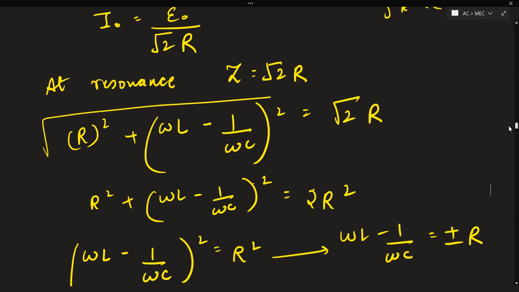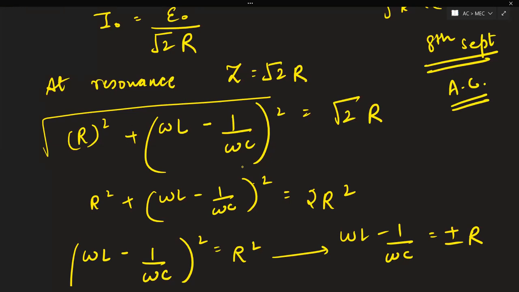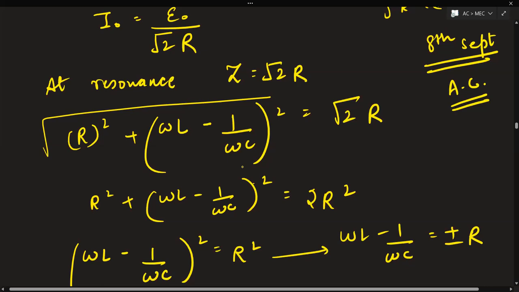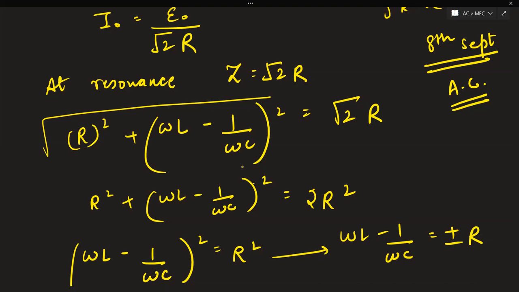Okay, leave Tuesday as well. On 8th September, you have a complete full test on AC, this whole lesson. What's the phase difference between resistance and capacitance, which is leading and which is lagging behind, all these terms should be clear.